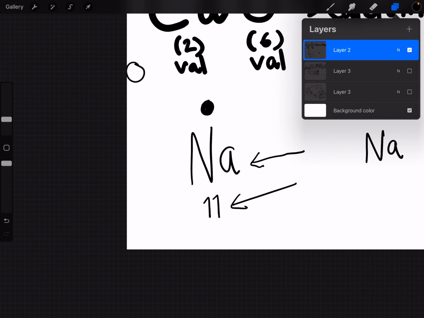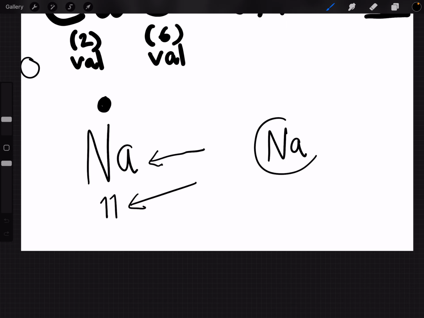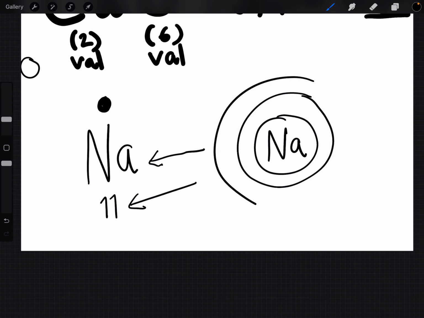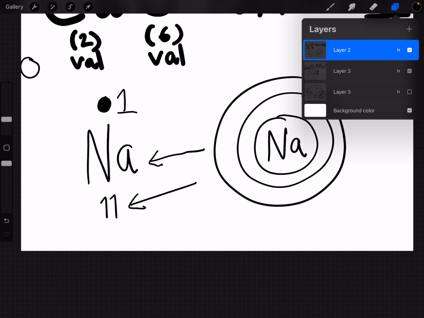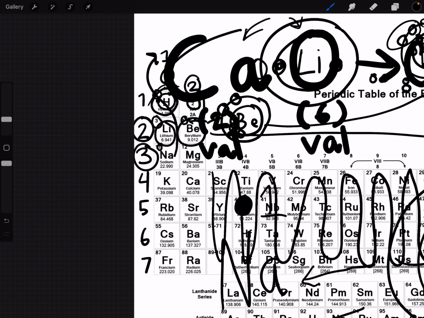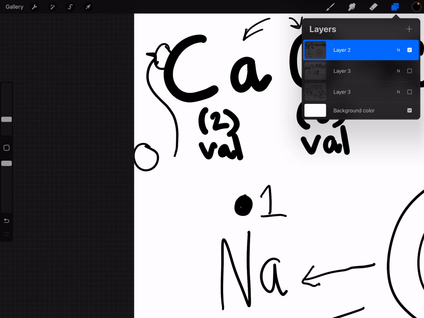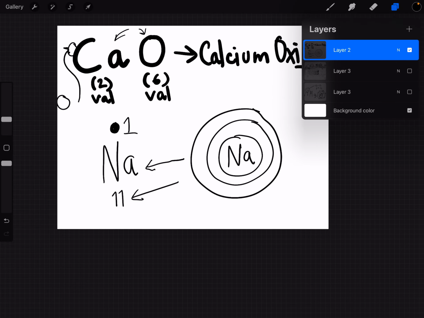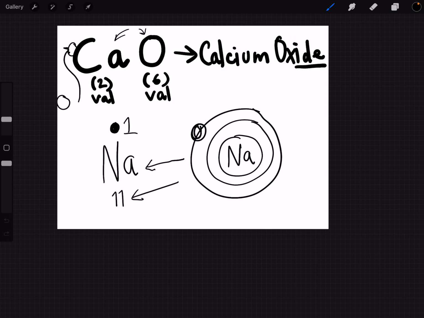So we make 3 rings. 1, 2, 3. And we know it has 1 valence electron because it's on the periodic table, right here. And essentially, we add that 1 electron.